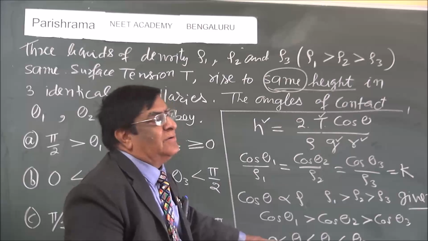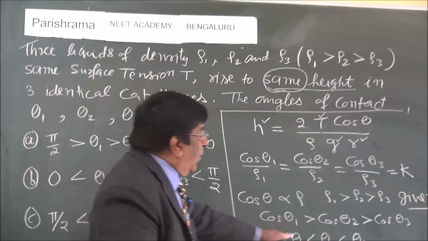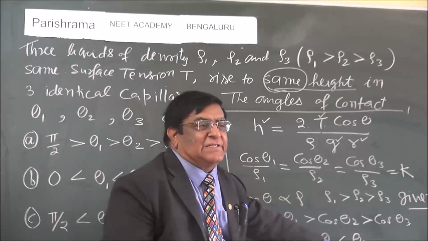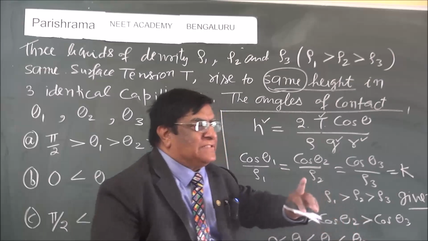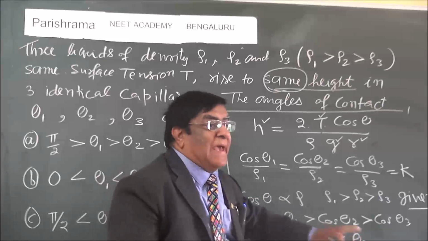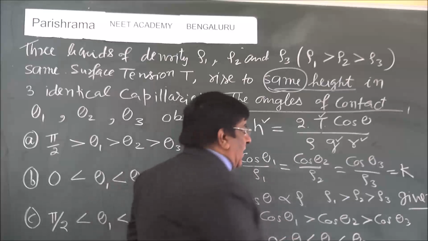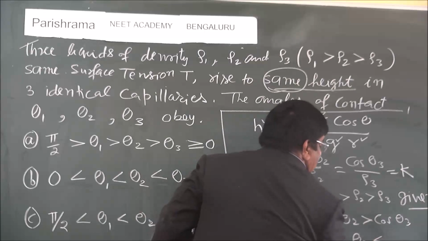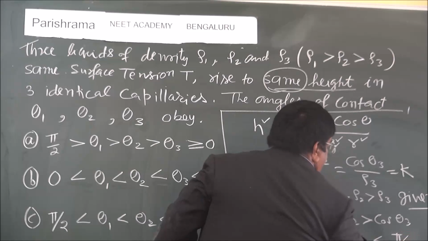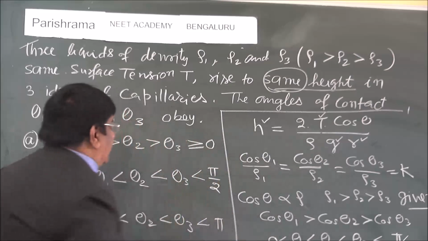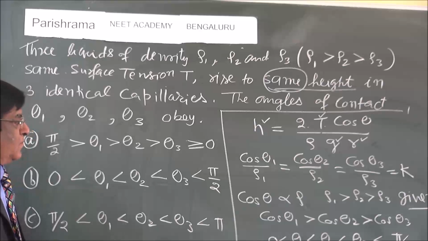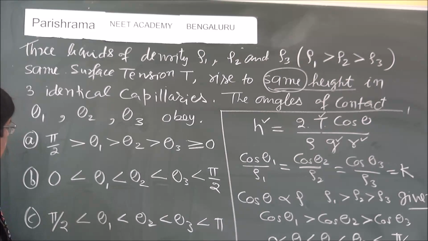It may be 0, larger than 0. Now we go up. This is the highest value. So in surface tension, what can be the maximum value of theta? 90 degree. So 90 is what? Look for this. Which one?